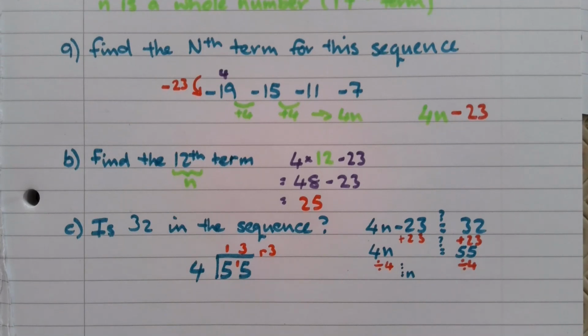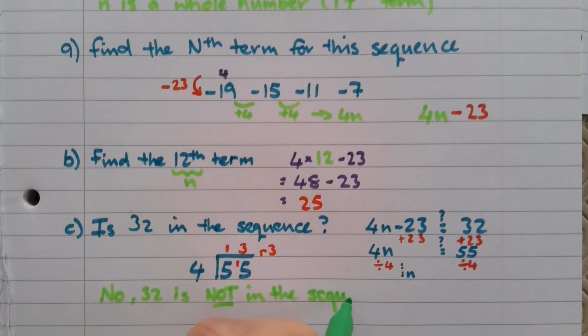So what we need to say is, no, 32 is not in the sequence, as n is not a whole number. So we could go on to say a little bit more about that.